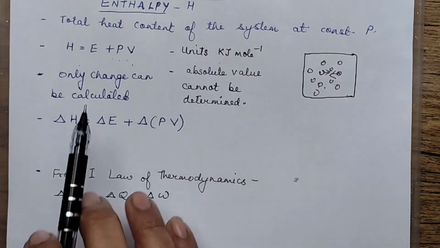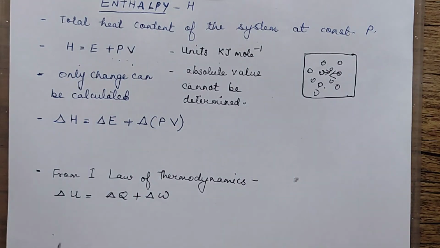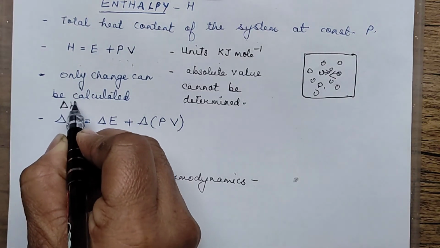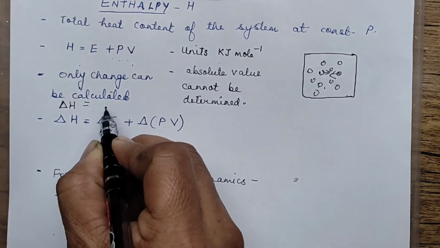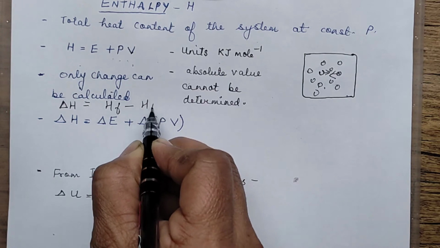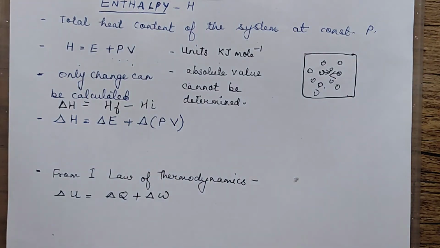It is only the change we can determine. So delta H is the enthalpy final minus enthalpy initial. That means the change we can calculate.